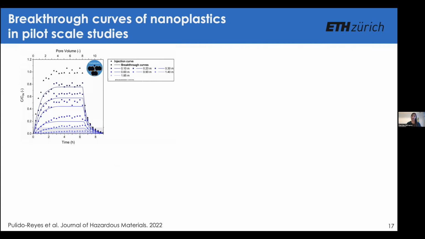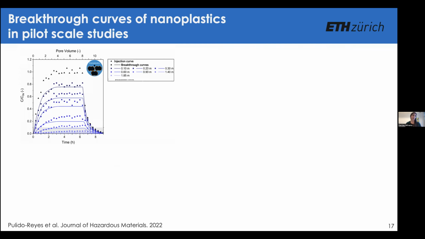And then we stopped adding nanoplastics so that we could see how long it would take to move through the entire column. On the y-axis, we have the concentration that was measured in that certain column height divided by the total amount of plastic that we had put into the system.